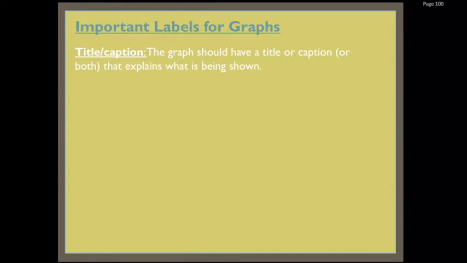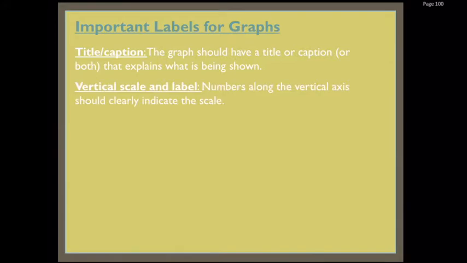Next, I need to label my vertical scale, right? That's our y-axis. Goes up and down, right? I need to label my vertical scale. So it could be height. It could be age. That's going to typically have the frequency value, which we'll talk about in a minute.